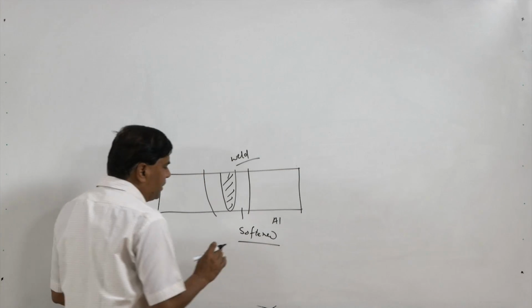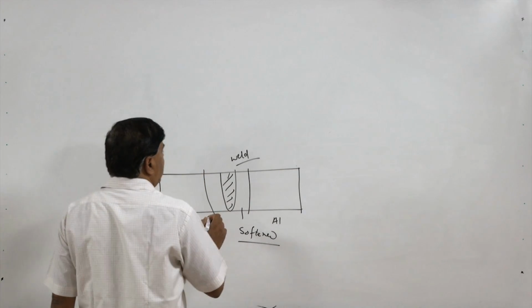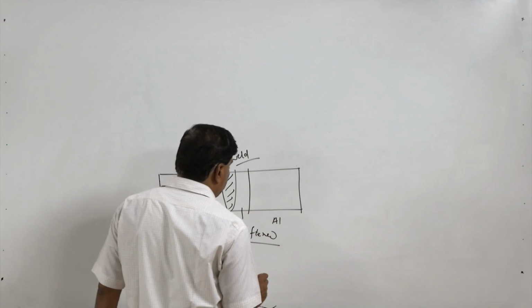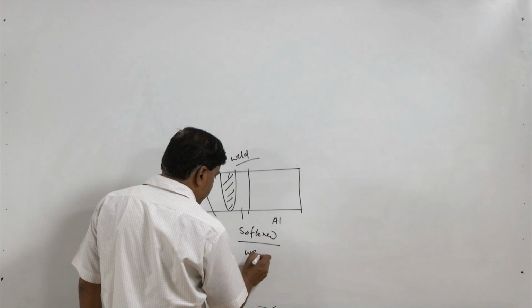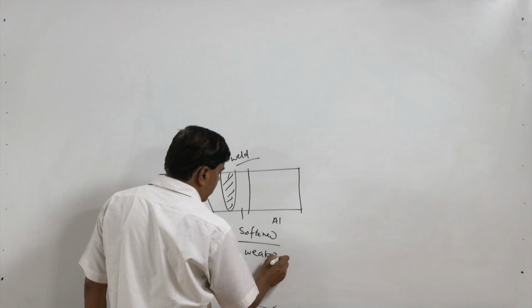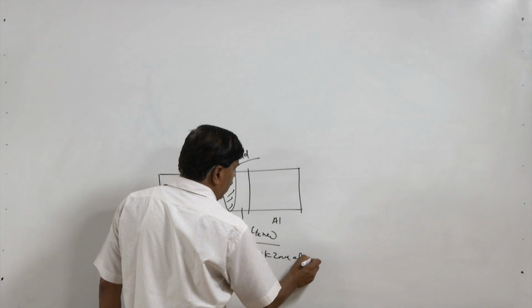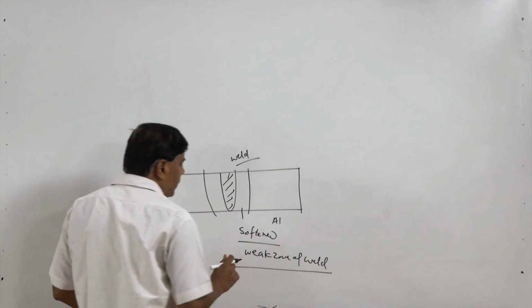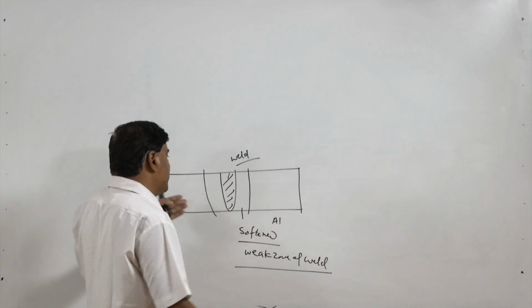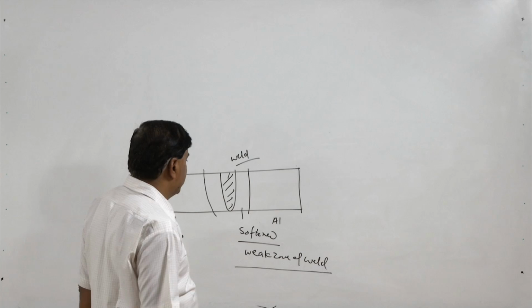So, the softening of the HAZ is observed, and sometimes it forms a very weak zone of the weld, and failure of the weld joint is localized in the heat affected zone.